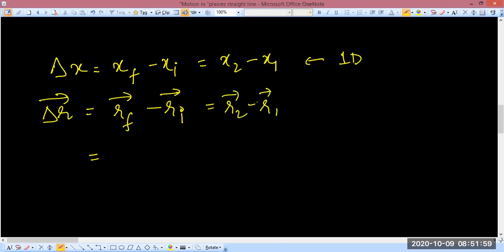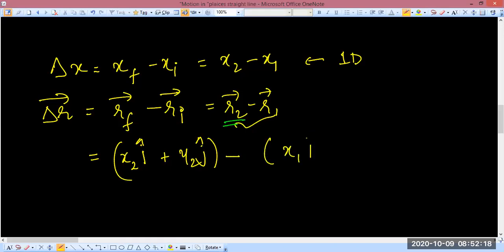Okay, I don't mind. I am going to write it this way, right? So this is going to be x2 i caret plus y2 j caret. This is the value of R2 vector minus R1 vector. I hope this is clear, right?